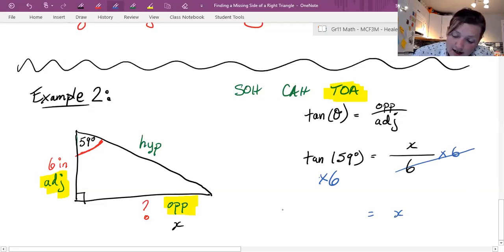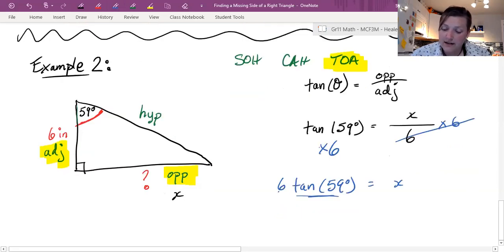And on this side, I have 6 times tan 59, which is going to be 6 times the ratio that is the opposite to the adjacent for a 59-degree angle. So now in your calculator, you could enter all of that at the same time if you wanted.